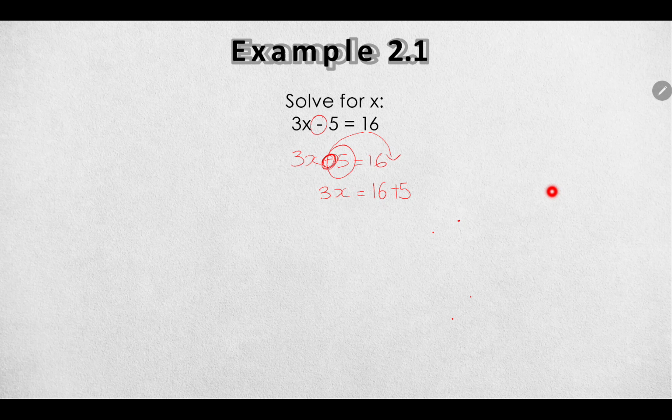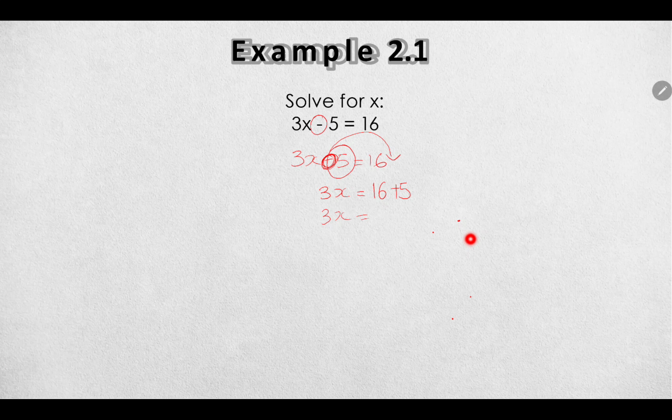Now, the opposite of negative is positive, right? So once you move something negative from one side of the equal sign to the other side, it's positive. So you have 3x equals 16 plus 5.